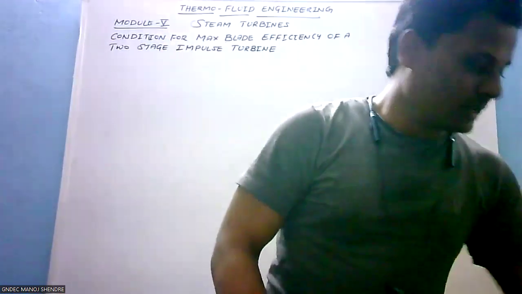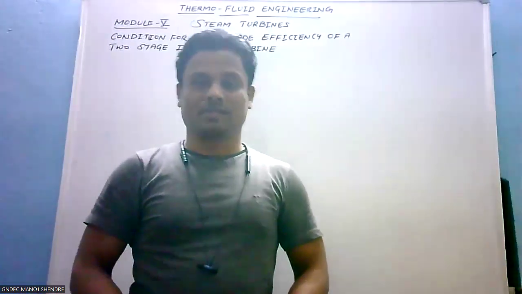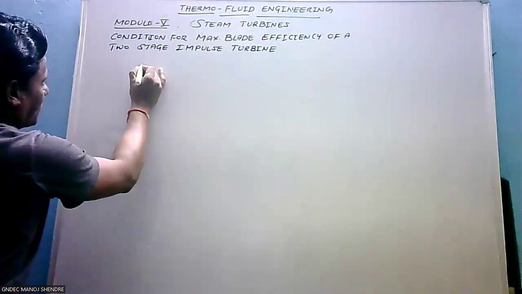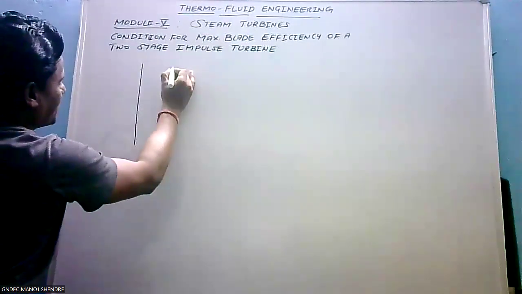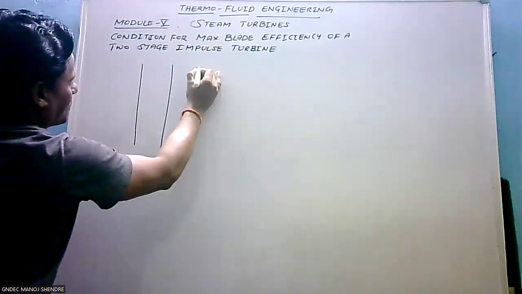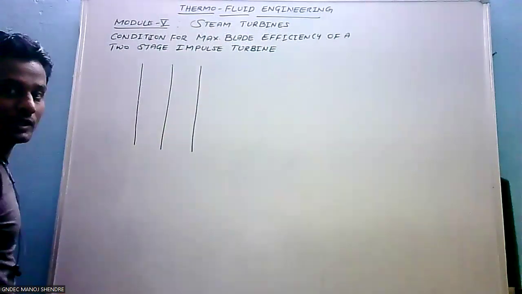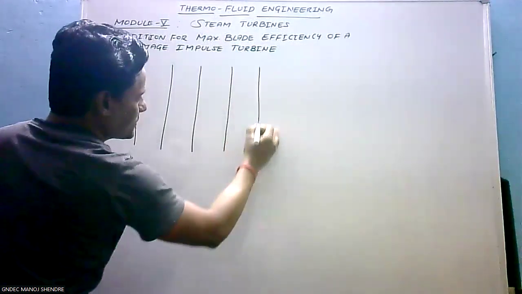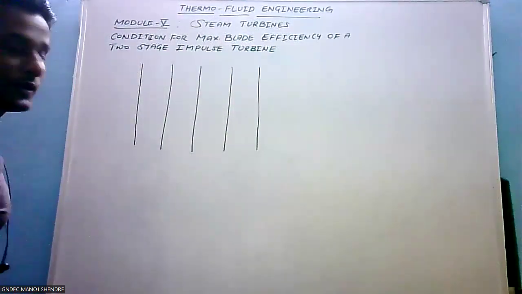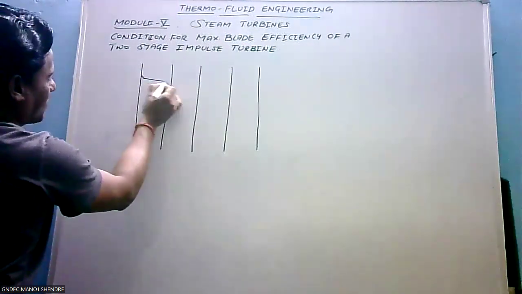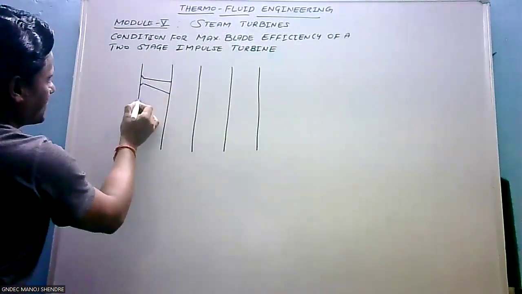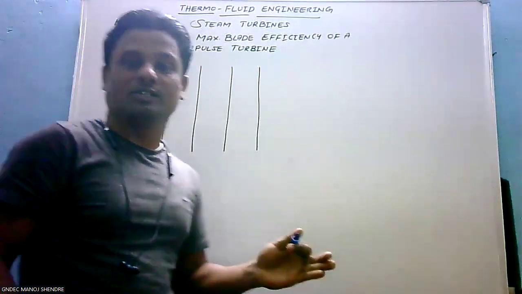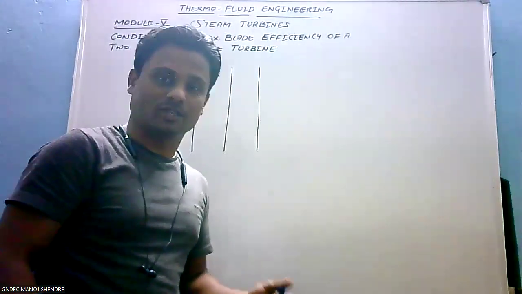Let us understand what we mean by the two-stage impulse turbine. As the name itself indicates, we have two rows in the first stage and two rows in the second stage. In the first row, we have the set of nozzles, which converts the high pressure energy of steam into a high velocity jet.